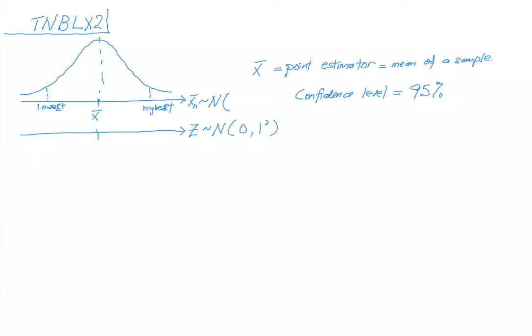Okay, so now, if we turn this to a z-score, can you tell me what is the highest possible z-score and the lowest possible z-score, based on the 95% confidence?